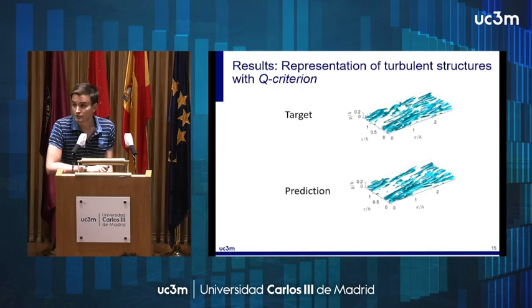I also have this other representation with a Q criterion, which is commonly used to represent this type of structures. We can see both figures are similar with some differences, but the same shapes can be observed in similar places.